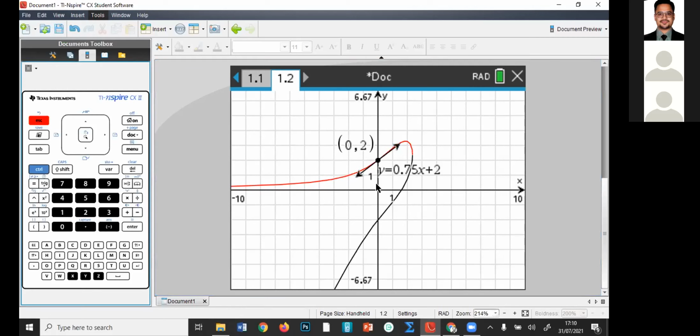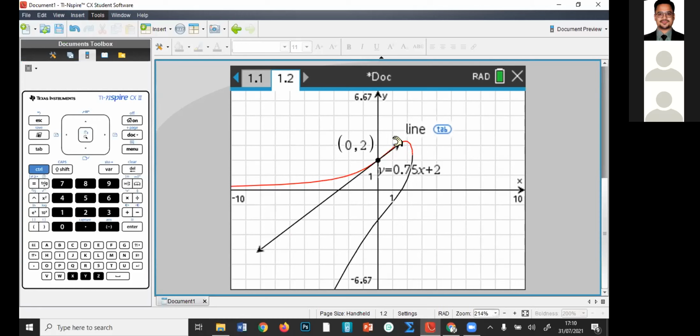Now, how will this help us? We will use the basic definition of tangent and normal, that normal is always perpendicular to the tangent, right? So normal will be a line that is perpendicular to tangent at this point 0 comma 2.